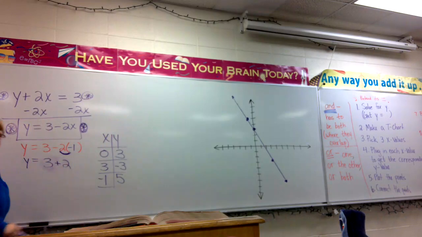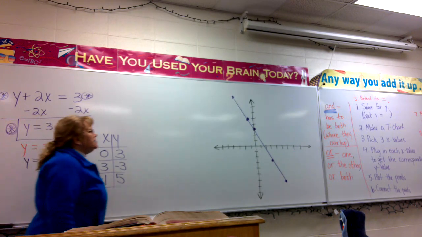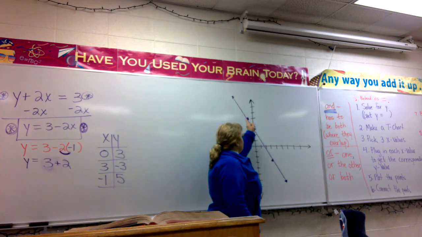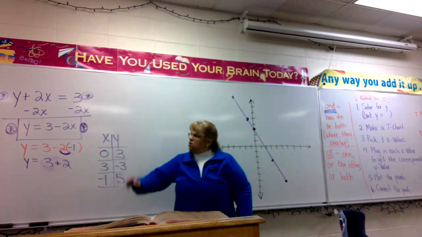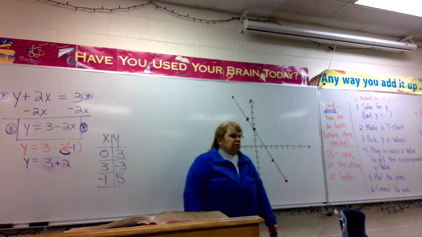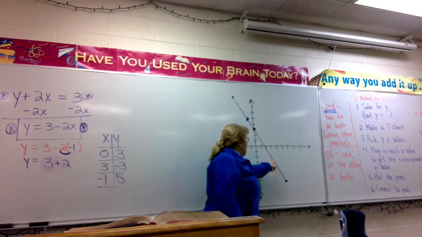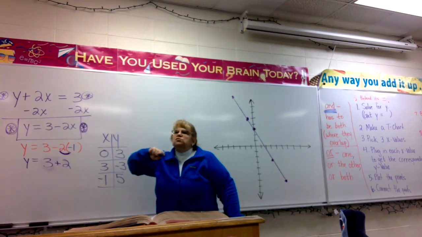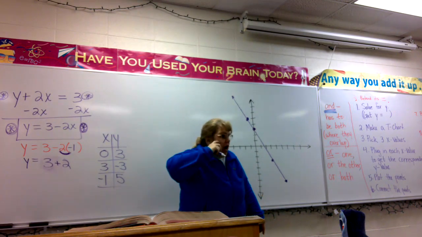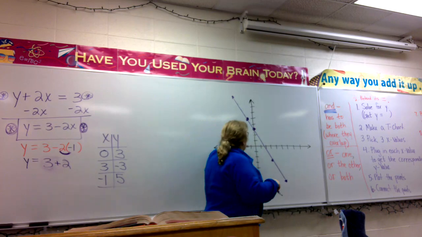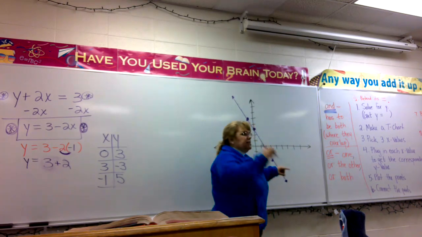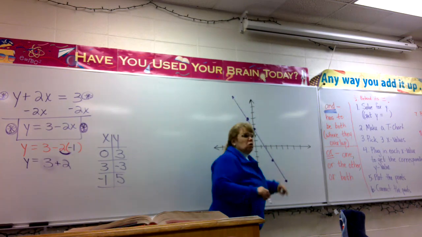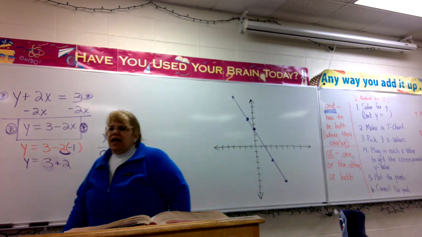So what you have over there is a picture that represents every single XY pair that will work in that equation. Every single XY pair on the line will work over here. Those are the only XY pairs that work. There are no other XY pairs that will work in that equation except the ones on the line. Does that make sense? Yes.